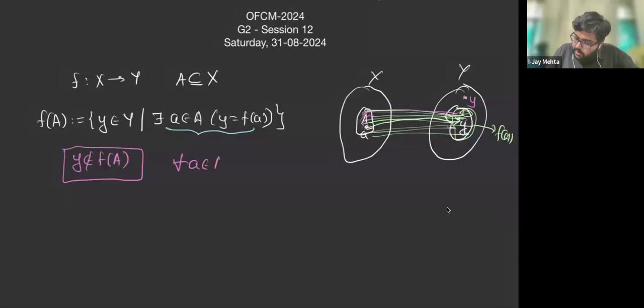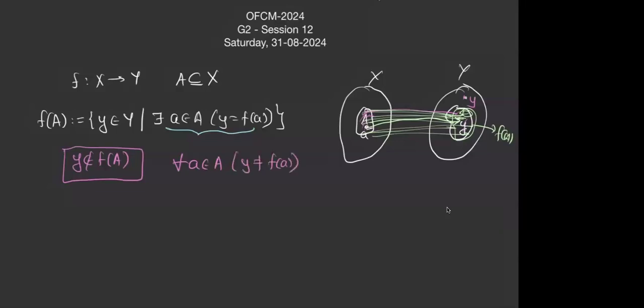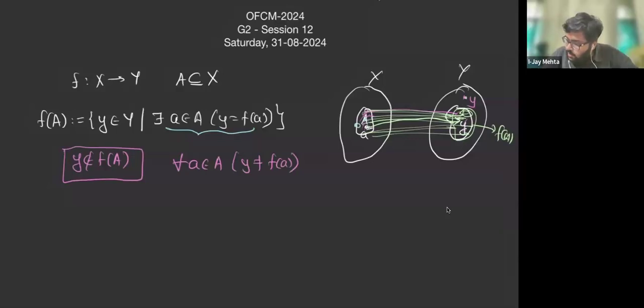Given any a in A, y is not equal to f of a. You take any a here, but y will not be equal to f of a. f of a will never go to y, right? So y in f of A means there exists some preimage in A, some a in A such that a is a preimage of y.